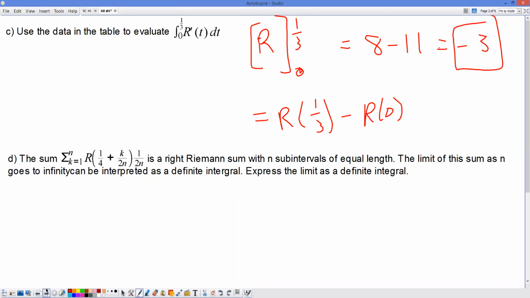All right, so for part D, they are now giving us a summation notation using a right Riemann sum. And it tells us that the limit of this sum can be interpreted as a definite integral. And we want to write this limit as a definite integral.